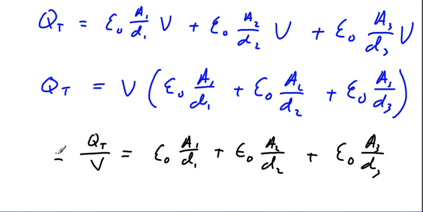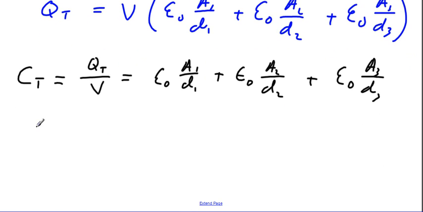And then I could say, well, gee, Q total over V is just C total. So I can rewrite that and say C total is C1 plus C2 plus C3, and I am done.